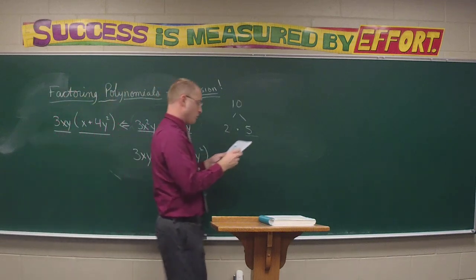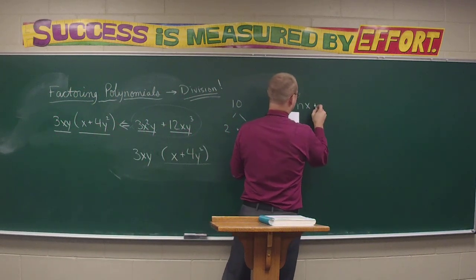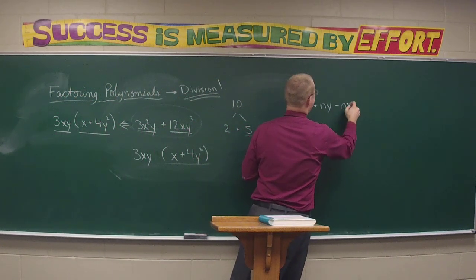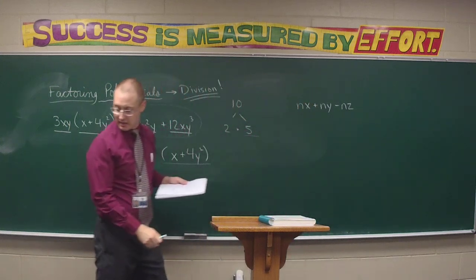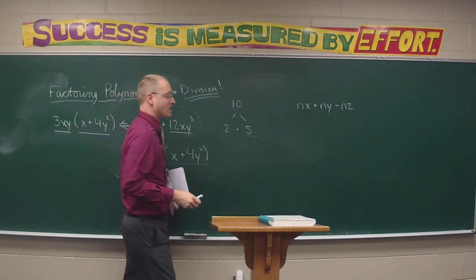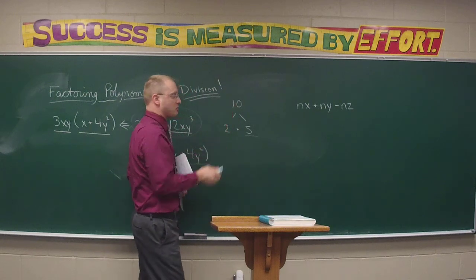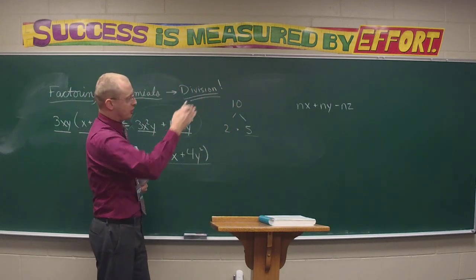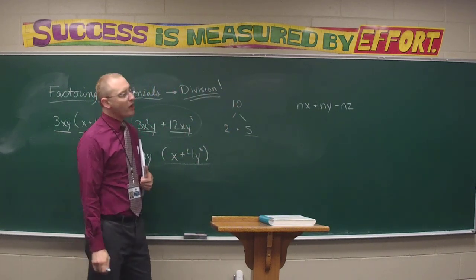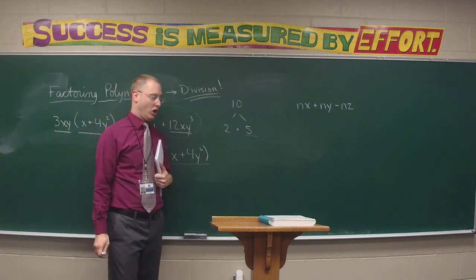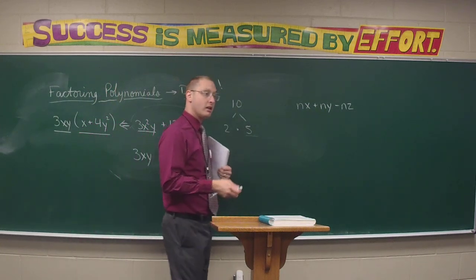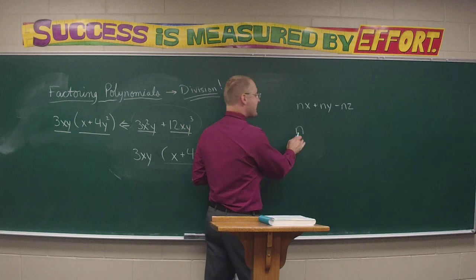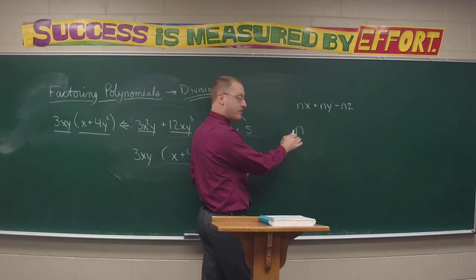Write this down in your notes: nx plus ny minus nz. If I want to factor this polynomial, I first need to look at every single term and ask myself, self, what is in every single term? In class, obviously, what's everywhere? N. And so I'm going to write n as what I call my common factor.